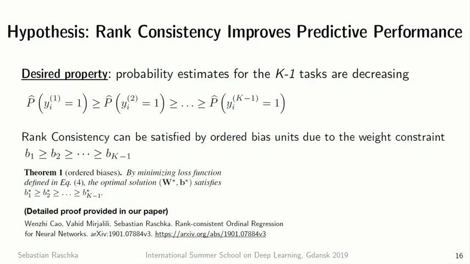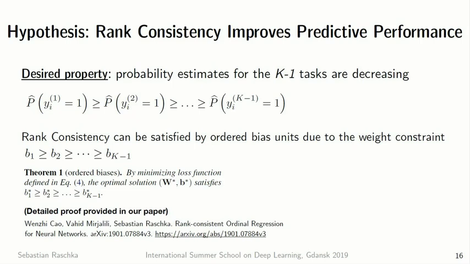And the paper that we had on that is basically all about proving that this is true. So it looks like a very simple idea, and it's very simple to implement, but the core idea is having a proof that this is satisfied if we share the weights. In order to get this rank consistency, because the weights are shared, we need the bias units, the thresholds that we add to them, to also be in order.